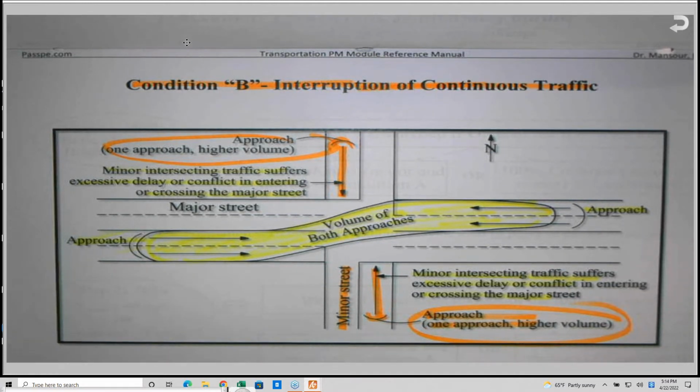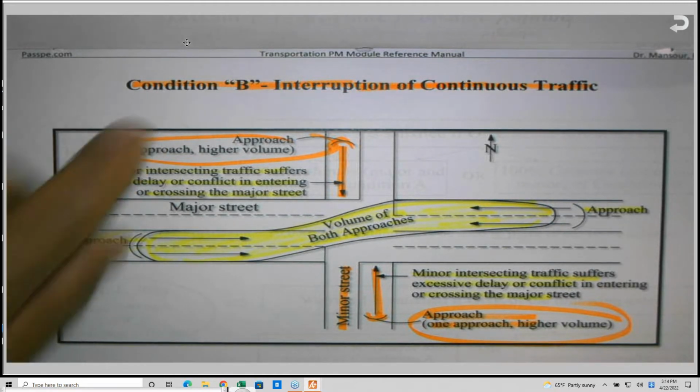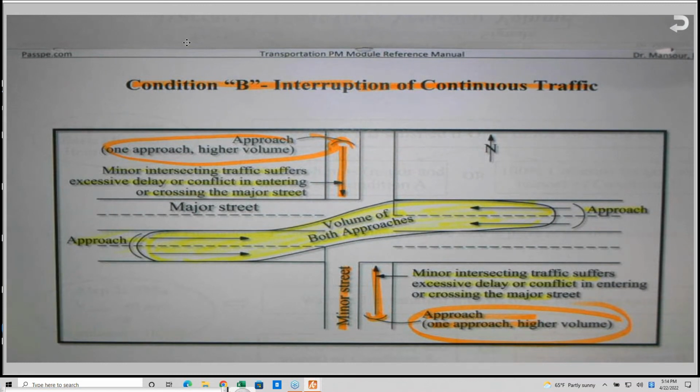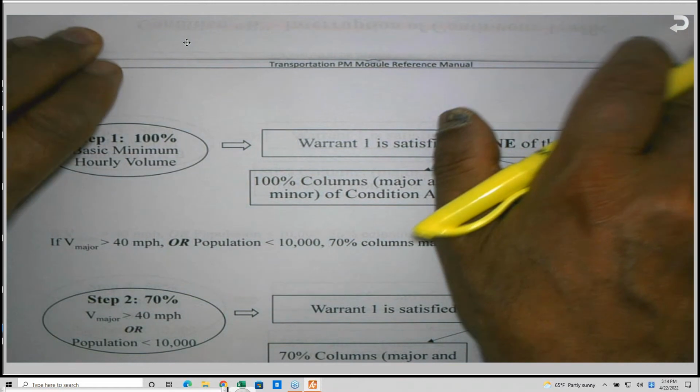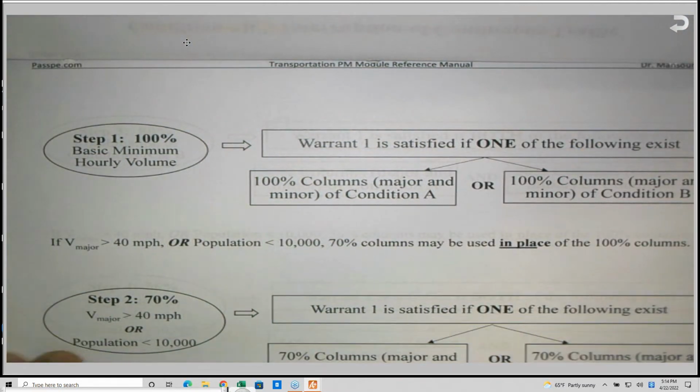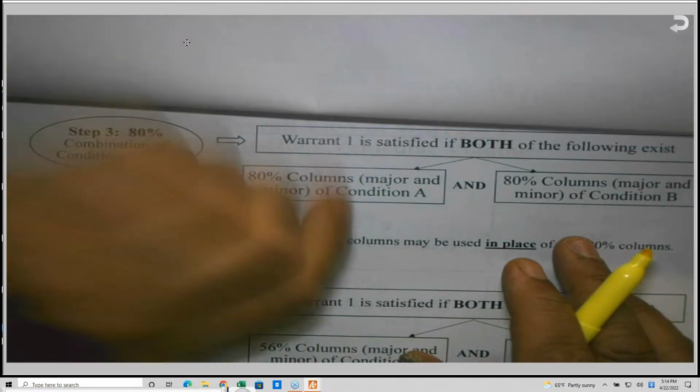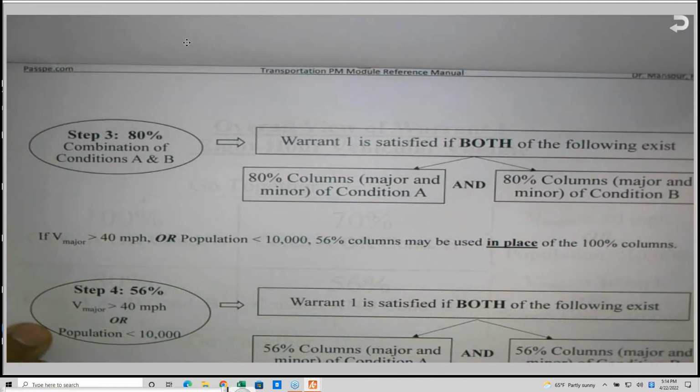And if condition A has been satisfied, I met warrant number 1. If condition B is met, I satisfied warrant number 1. However, if you remember, there are 3 percentages: 100%, 70%, 80% and 56%.